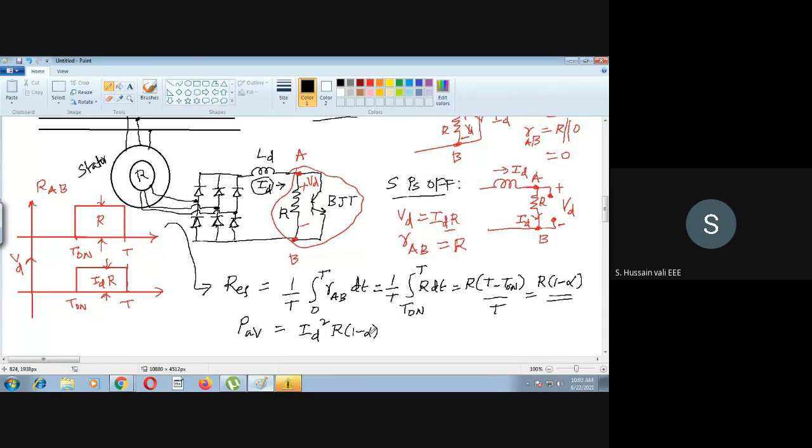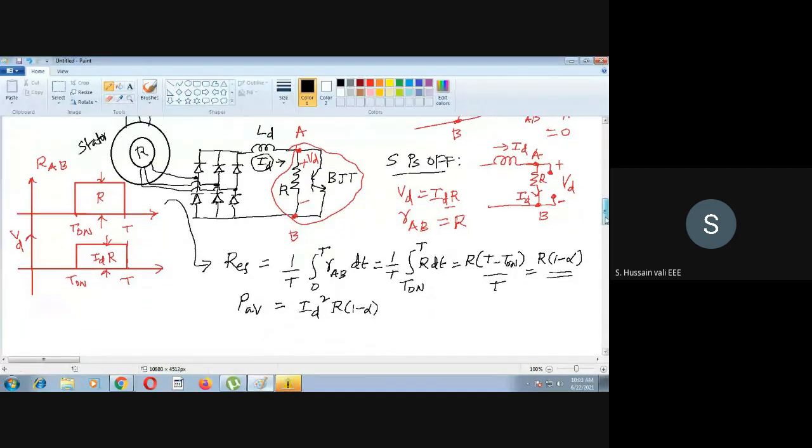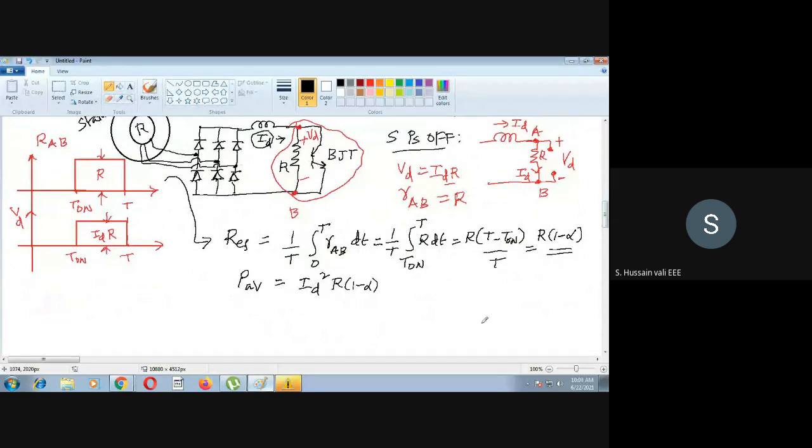While I am calculating all these things, we forgot one thing. We have assumed that the inductor does not have any kind of resistance. But assume that RD is the inductor resistance.